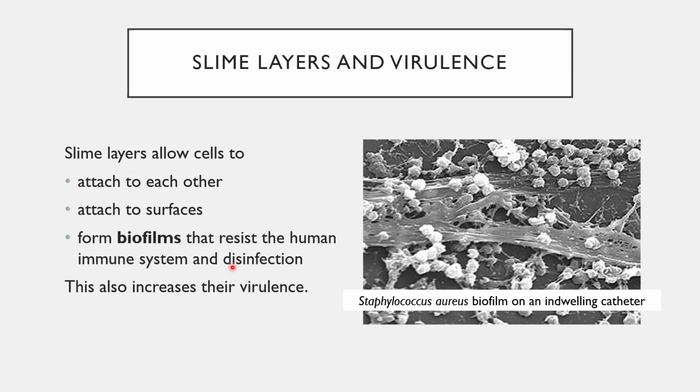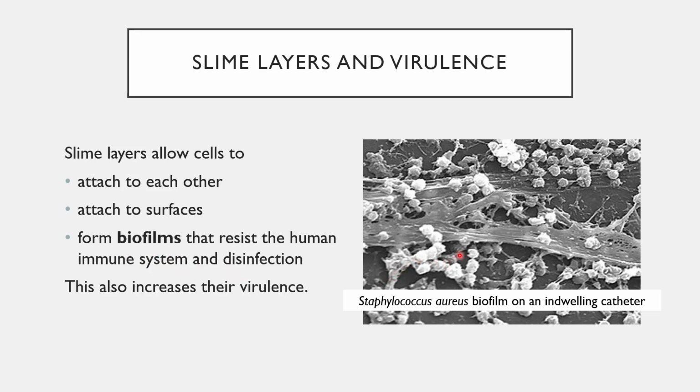Their arrangement in this manner both resists the human immune system and resists disinfection by protecting the cells that are located in this biofilm layer. So this too causes them to become more virulent.